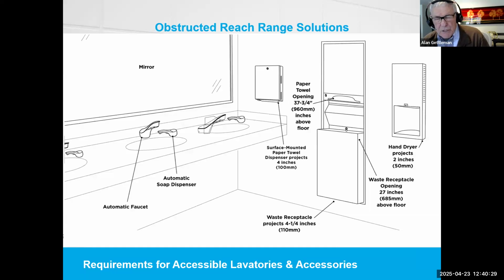The A117 2017 standards require altered installation heights and locations for towel dispensers and hand dryers that are located on an adjacent wall to a lavatory or a countertop, as shown in this illustration.